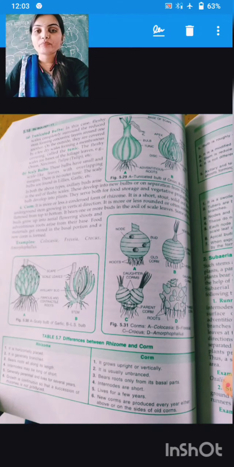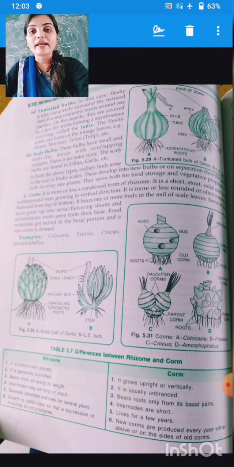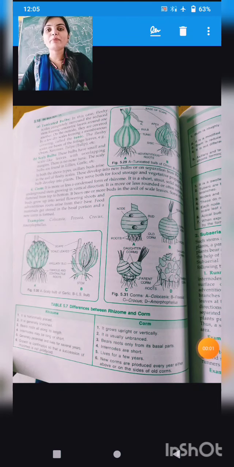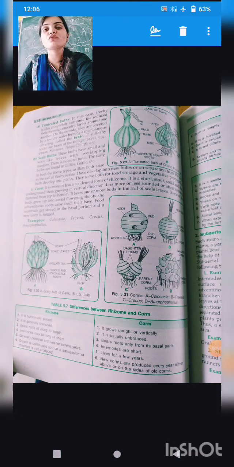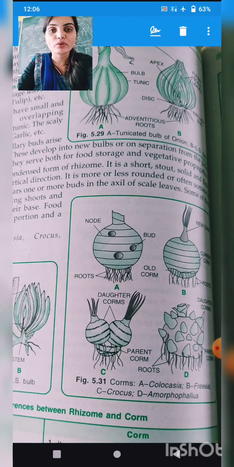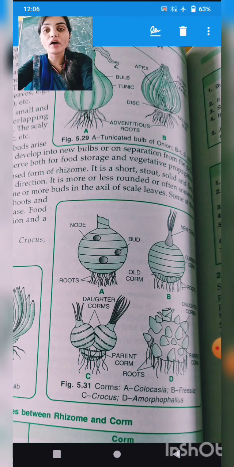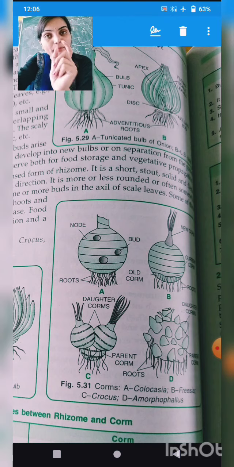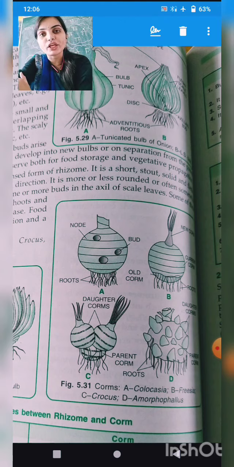Okay, now here you can see in the diagram that the onion is given. Now with the help of this diagram, students, you can see that other modifications of stems are also given. For example, see in the diagram you can see the truncated bulb of onion. Bulb means a structure which is looking like a bulb, and the bulb is an example of modification of stem.